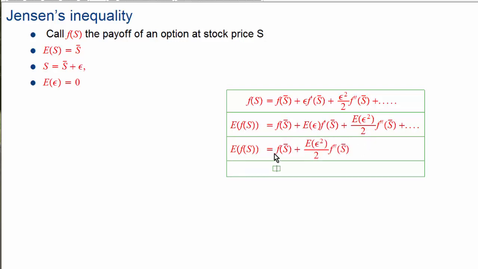So I have to take the function at the expected value and add something to it to get the expected value of the function. That means that that side must be smaller. So here's Jensen's inequality. In English, Jensen's inequality says that the payoff at the expected value is less than the expected value of the payoff.